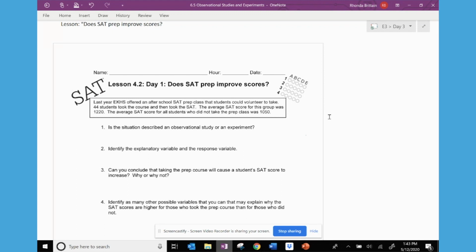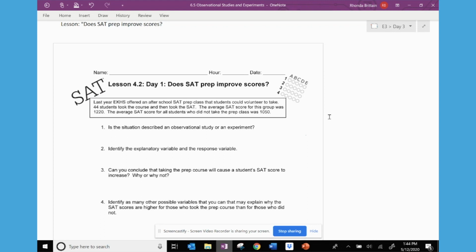In experiments, however, the random assignment allows us to establish cause and effect, and it evens out any extraneous variables that may affect the response. We sometimes call those confounding variables. So if it turns out there is a difference in the groups at the end of the experiment, we can say the treatment is what actually caused the change.